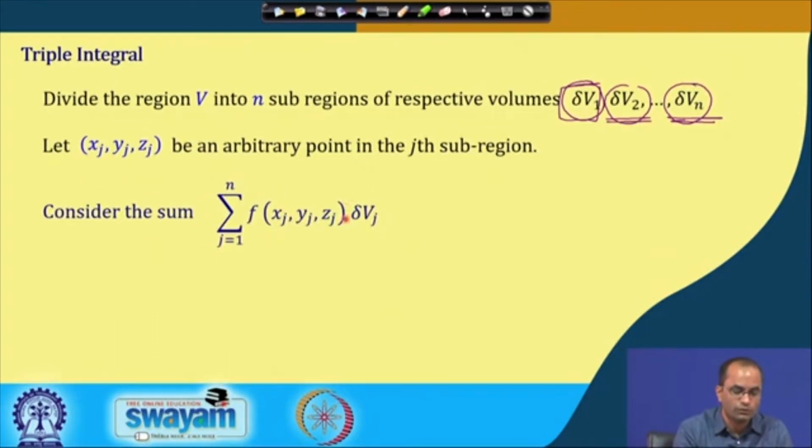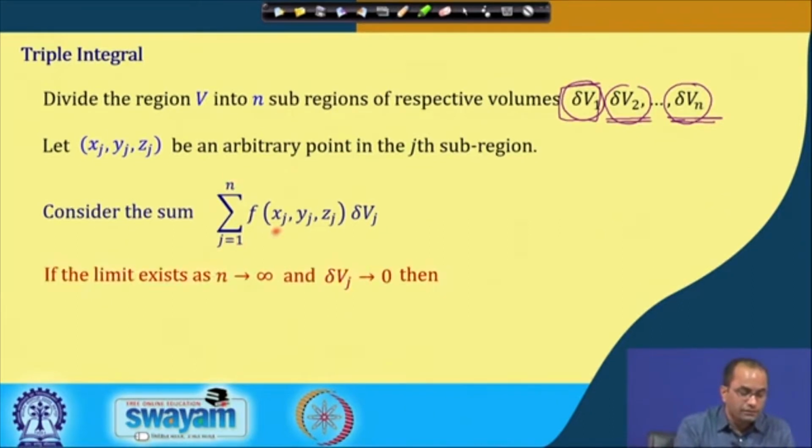Sum over all the volumes delta V j multiplied by the function value at the point x j, y j, z j, which we have considered in the jth subregion, and we are adding this multiplication over all these regions. That means this j is varying from 1 to n.